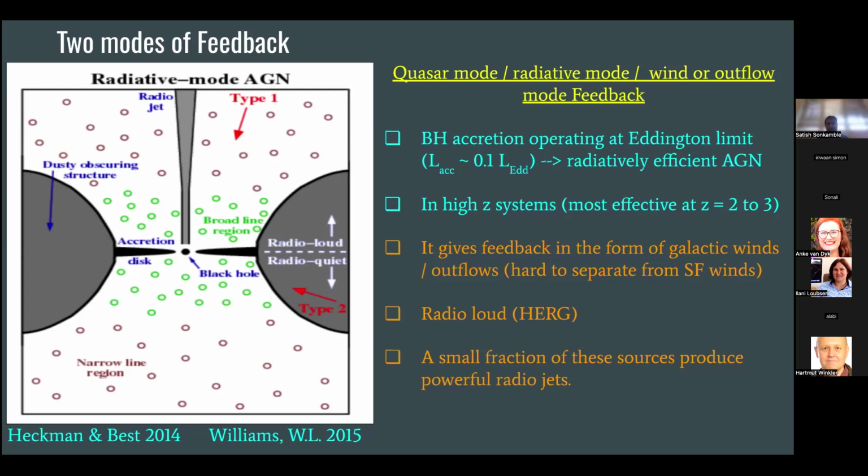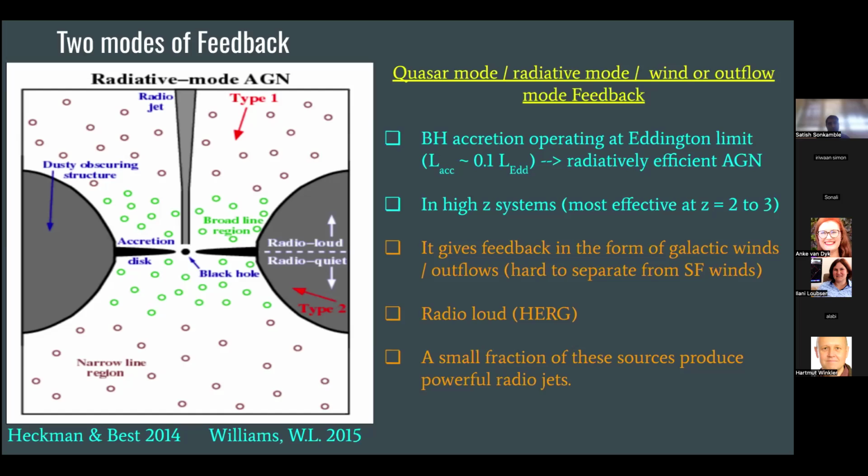In this mode, we see black hole accretion at a high Eddington limit, and this emits an enormous amount of radiation. That is, this AGN feedback is very radiatively efficient. It gives galactic winds and outflows in the form of feedback, but it is very hard to separate from the star formation wind in this scenario.